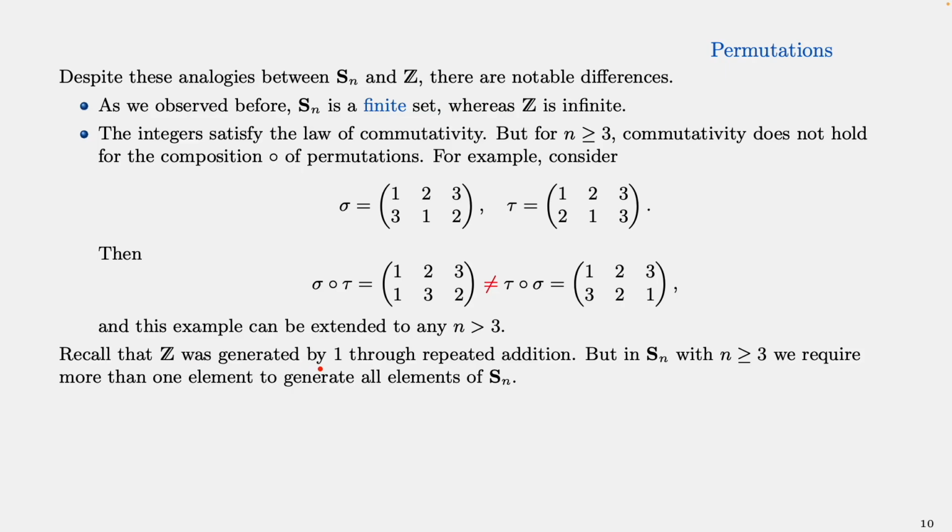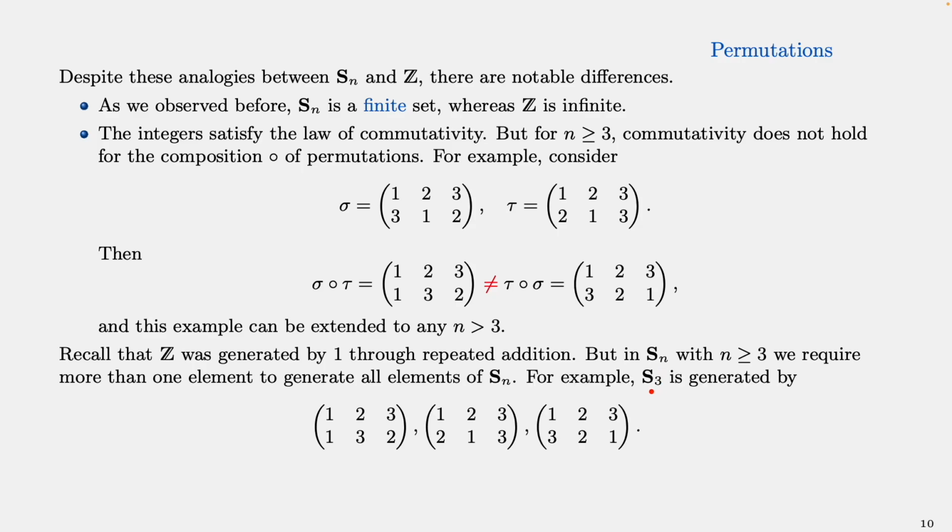Also, Z was generated by a single element, 1, through repeated addition of this element. But for the permutations, we usually cannot do with just one generating element. For example, if we just stick with S3, so the permutations of 3 numbers, then the set of permutations is generated by these 3 permutations here.